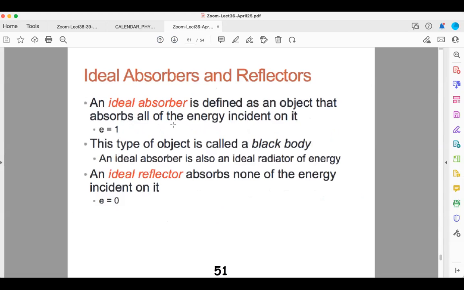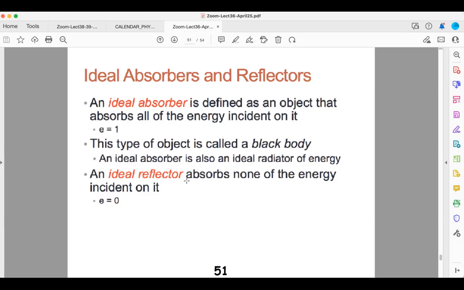An ideal absorber is defined as an object that absorbs all the energy incident on it. The type of object which we call a black body is an ideal absorber and is also an ideal radiator of energy.